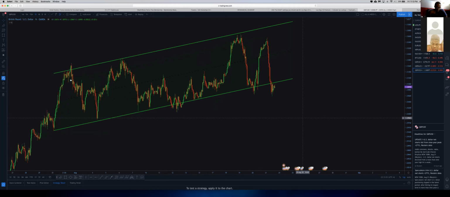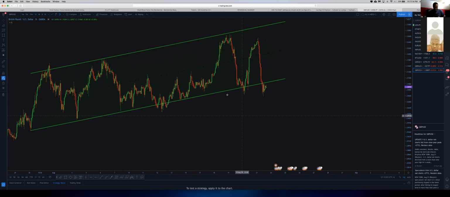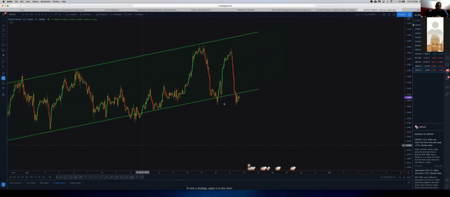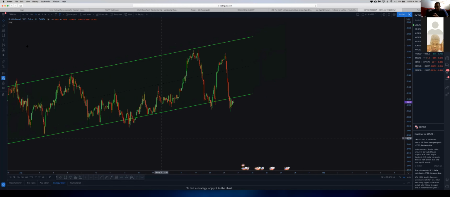But yeah, anyway, I saw this and based off of this, from what I'm seeing, it broke this channel, which was to the upside, and now it's pretty much looking like it's right at this support line here. So just wanted to point that out real quick.